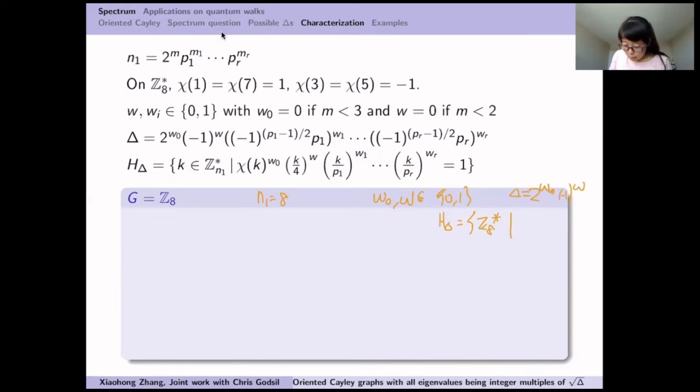We need this character evaluated on K and this Jacobi symbol of W to be 1. So this group contains exactly 4 elements: 1, 3, 5, 7. Let's just get a table of them.